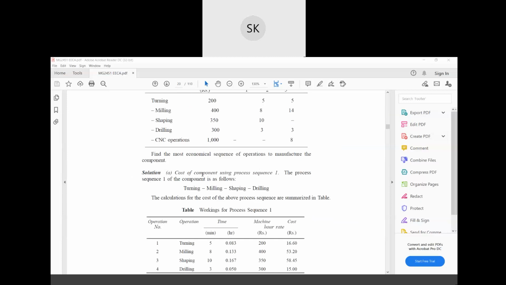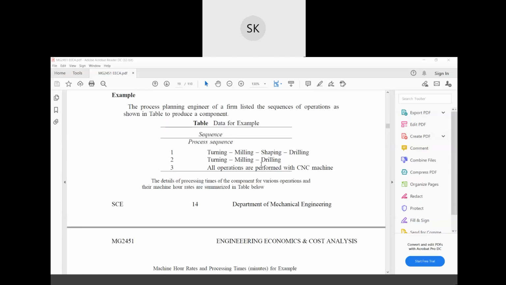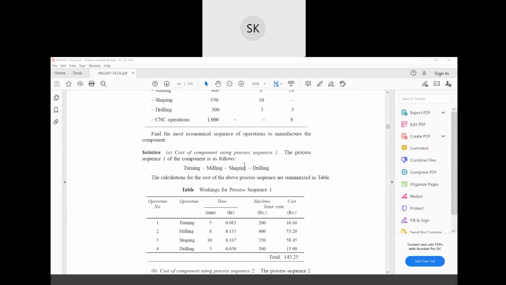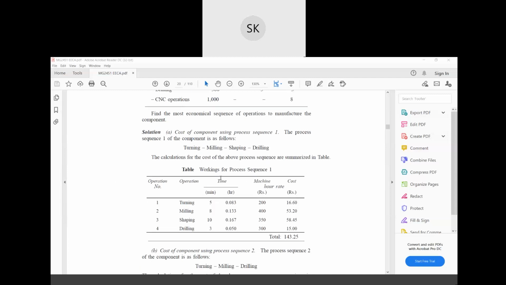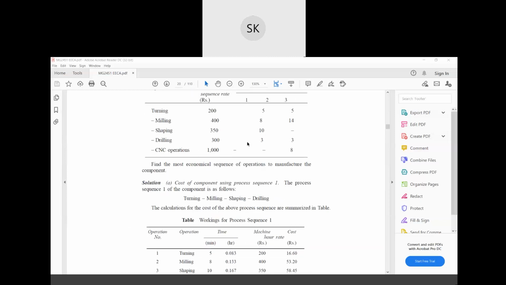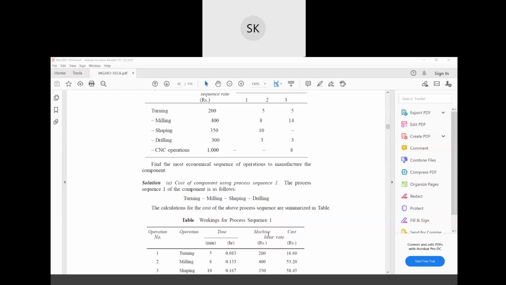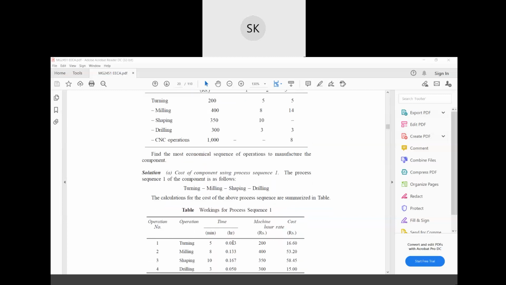The cost of the component using process sequence 1. Sequence 1 is turning, milling, shaping and drilling. The calculation of the cost of the above process sequence is summarized in the table. Now the times you can see: turning 5, milling 8, shaping 10 and drilling 3. It was given in minutes, so you convert to hours. Now the machine cost per hour rate was 200, so you multiply the rate with the hours, and you get this cost.